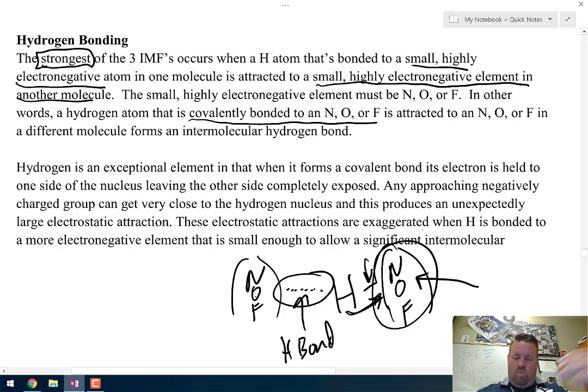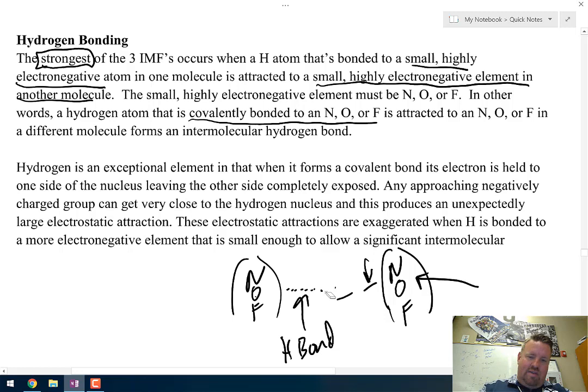Now, what happens here is that hydrogen is an exceptional element in that when it forms a covalent bond, its electron is held to one side of the nucleus, leaving the other side completely exposed. So right here on this hydrogen, it only has one electron, and that electron is right here. And because these are very electronegative elements, they're able to pull that electron closer to itself, which means this other side over here is completely exposed.